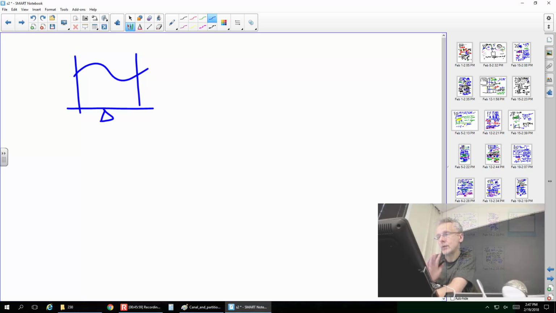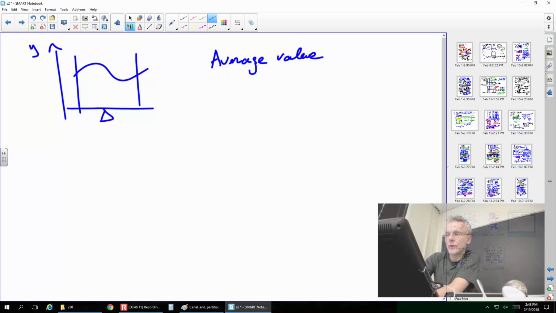Now we are approaching it from a different direction, and that's the average value. Average value meaning value on the y-axis. So these are where the values are. So we're not averaging x anymore. We're averaging y's. And that is done in a different way. So that's why that does not apply anymore.